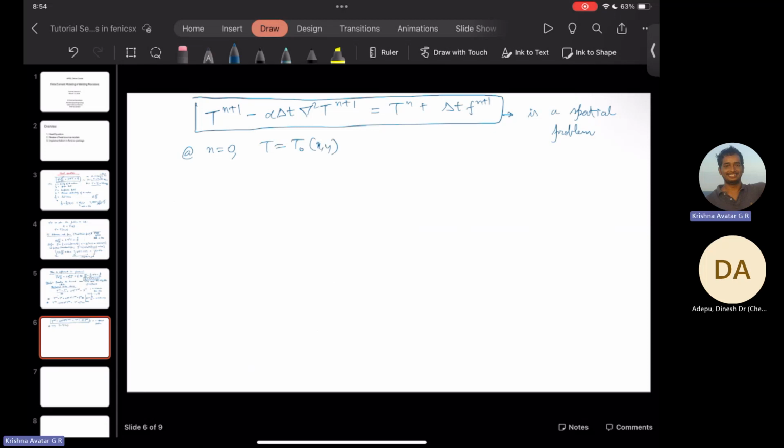Now step 2 is to take the variational form. Now we construct a variational form.